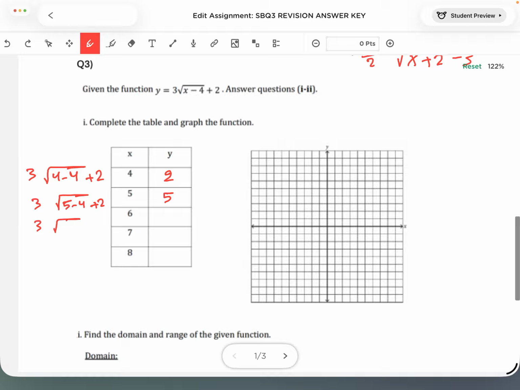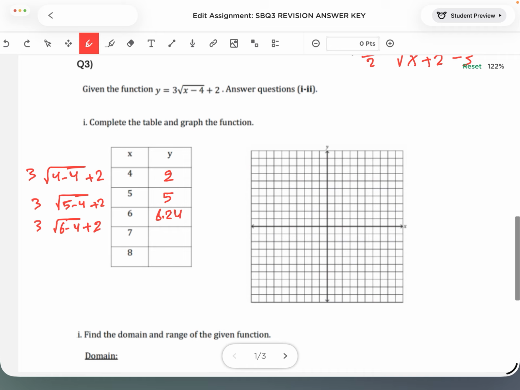Then 3 times the square root of 6 minus 4 plus 2. Now we need a calculator here. The answer is 6.24.